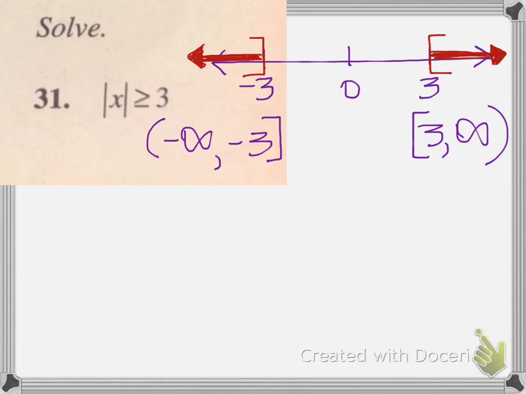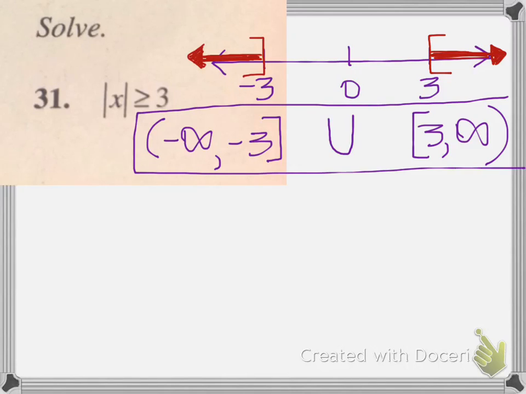Since both of these represent the entire solution, we put a U in the middle for union. We have two pieces of our answer, and the U in between indicates that both of them together make up the solution set for this problem.